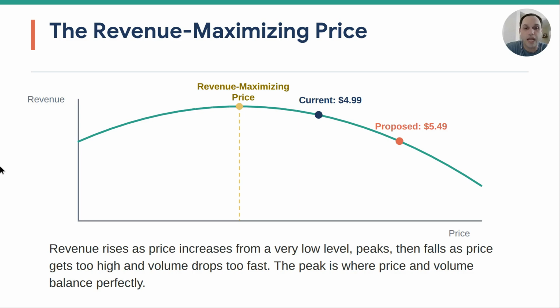That's the revenue maximizing price, the sweet spot where price and volume balance perfectly. Then as price continues to rise, volume drops off fast enough that total revenue starts falling. Crunchco's current price of $4.99 sits reasonably well on the curve, and the proposed $5.49 would push them slightly down the right-hand slope toward lower revenue.